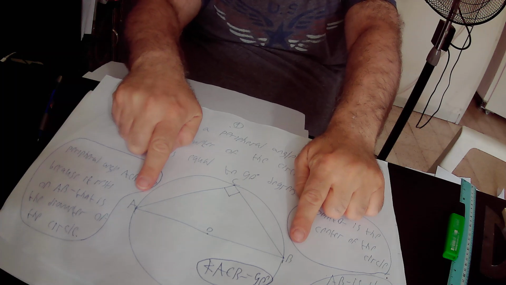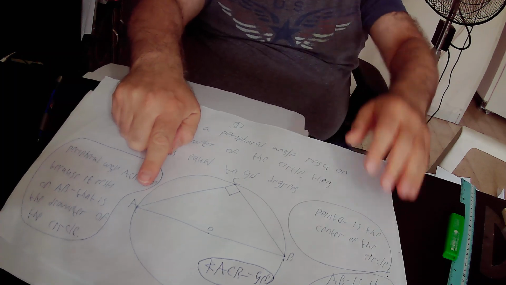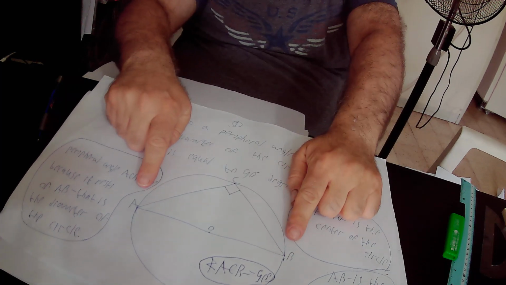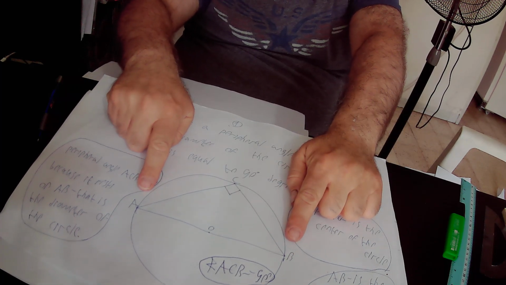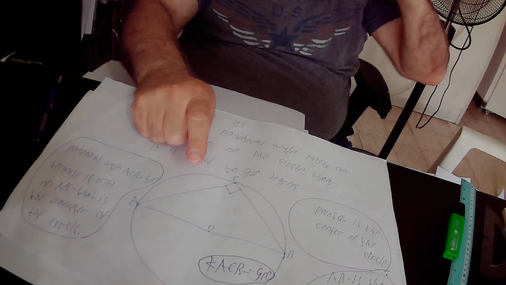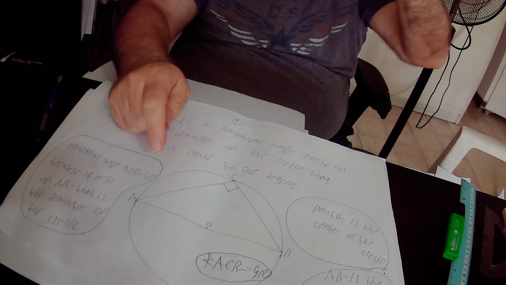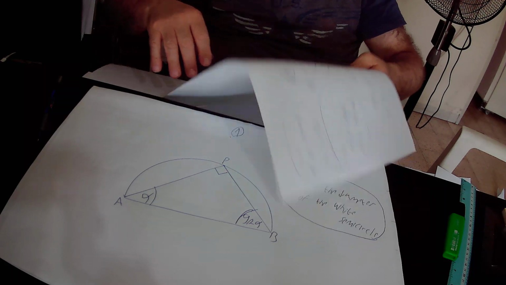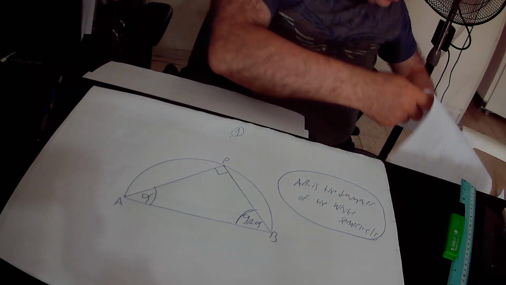This is the diameter of this circle. And we have here peripheral angle ACB. This is peripheral angle ACB that is subtended on AB, that is the diameter of this circle, and therefore peripheral angle ACB must be equal to 90 degrees in its size, because it is subtended on AB, that is the diameter of this circle. We can actually implement rule 7 in our drawing.